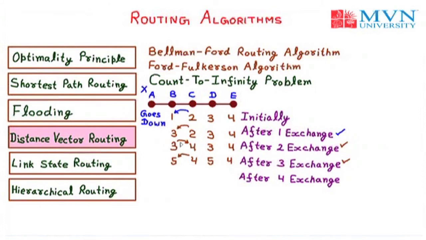At the fourth exchange, the value of B is 5. Now C will notice that the value of B is 5, so it will update its value to 6, and the values of D and E will remain 5 and 4. So you can see the inconsistency of data. Bad news travels slowly.